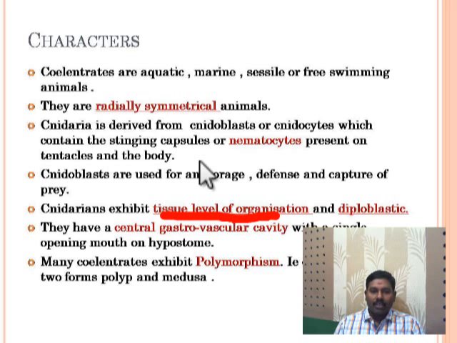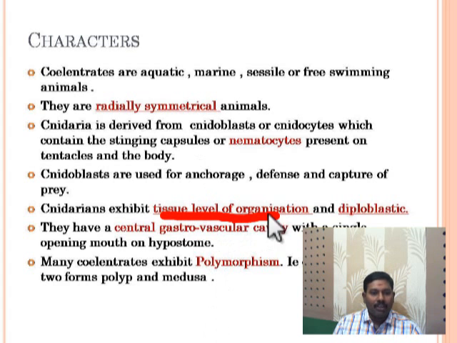We already saw the lower phylum Porifera, which exhibits a cellular grade of organization, and now the coelenterates exhibit the tissue level of organization. And the next group, Platyhelminthes or Aschelminthes, will exhibit the organ level of organization. This is the stage-wise development among the animal kingdom.